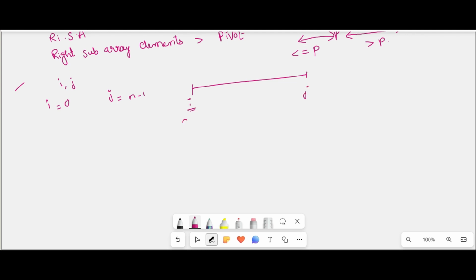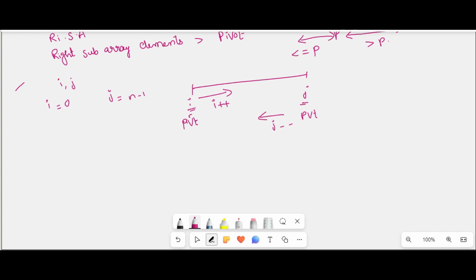A of i is compared with the pivot element, and the jth position element is compared with the pivot element. i is moved towards the right side, which is an increment. j is moved towards the left side, j will be decremented. The process continues until the subarray consists of a single element.